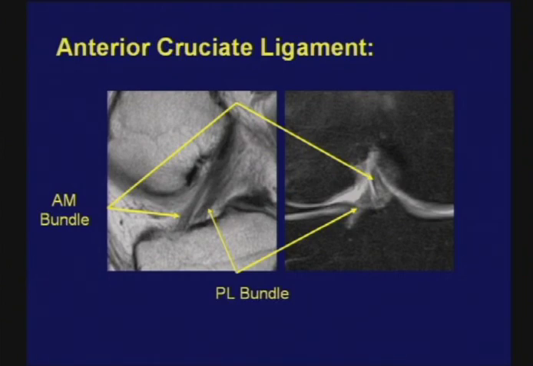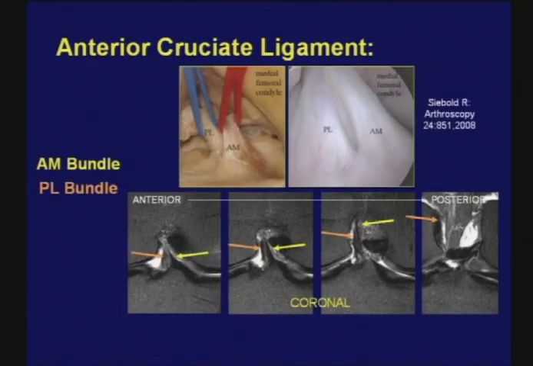I'm not sure if that is the case, but sometimes at least there is a layer of higher signal intensity between the two bundles. If we look at the pictures at the bottom, I have color labeled these arrows. The yellow arrow on these coronal images is pointing to the anteromedial bundle, and the orange arrow is pointing to the posterolateral bundle, and you can compare those with the beautiful pictures from an article in Arthroscopy.